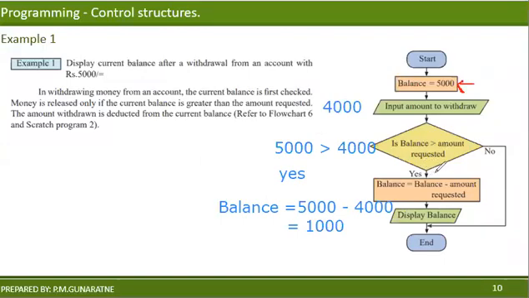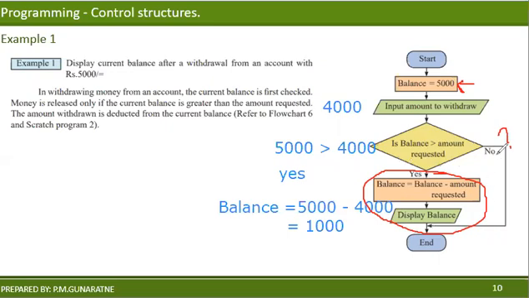You can have a process in both the parts. That means a process in the yes path as well as the no path. In this one, you don't have a process in the no path. Is this a problem? No, it is not a problem.